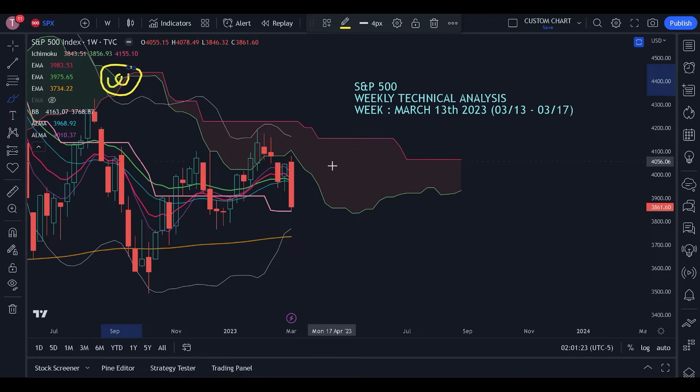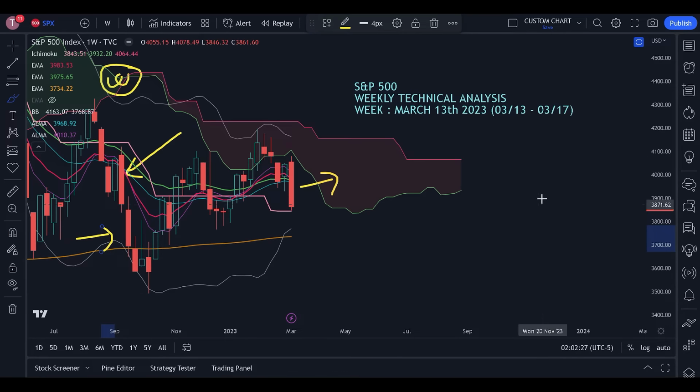Now, weekly chart means that one candle represents 1 week, not 1 day or 1 hour. One candle means 1 week. So guys, let's first analyze the candle itself. As I mentioned earlier, it's a heavy bearish candle, very heavy, extremely heavy bearish candle. What kind of heavy bearish candle?